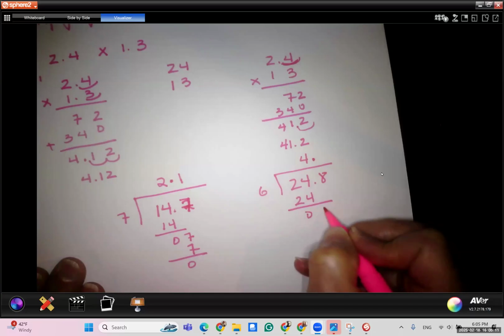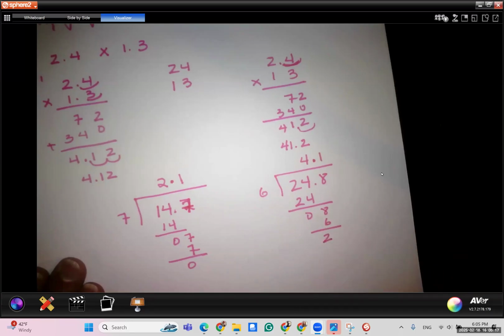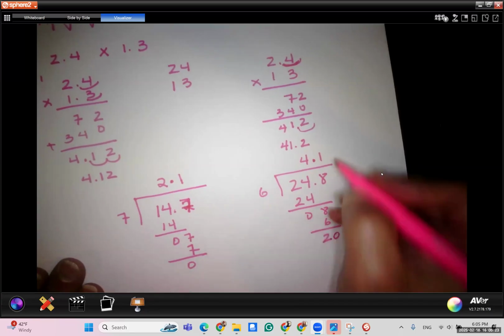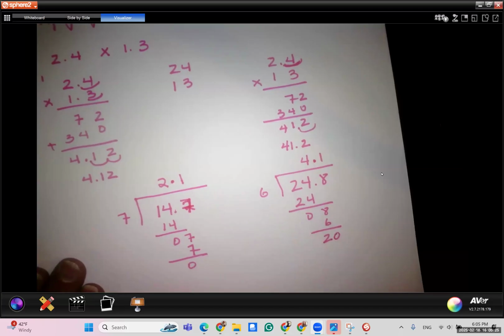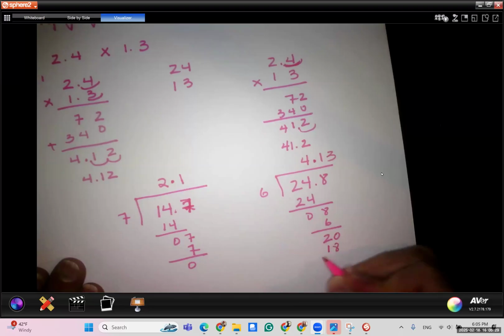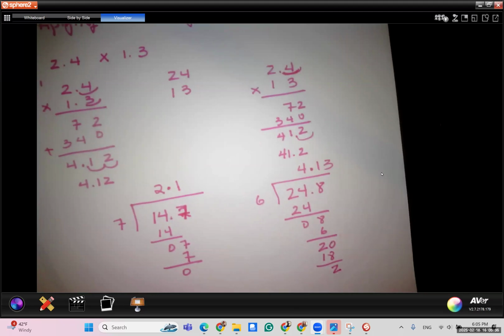Bring the 8 down. 6 goes into 8 one time with a remainder of 2. You are allowed to add zeros over here to continue your division. 6 goes into 20 3 times. And a remainder of 2, and that's enough, well, for the purposes. So you don't need to keep going forever and ever.